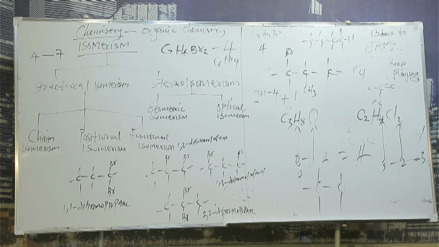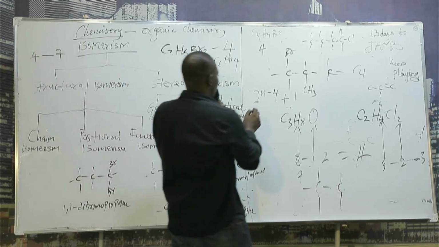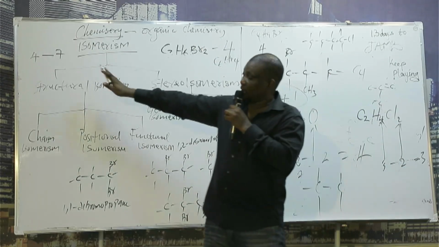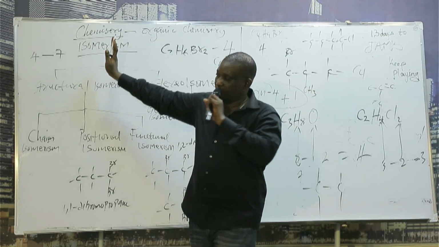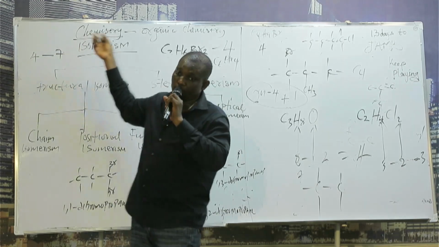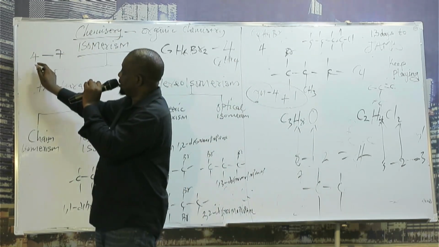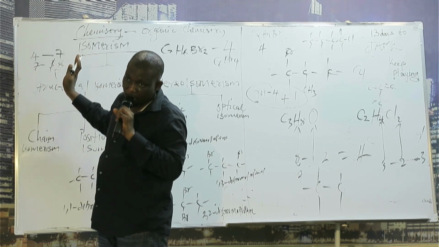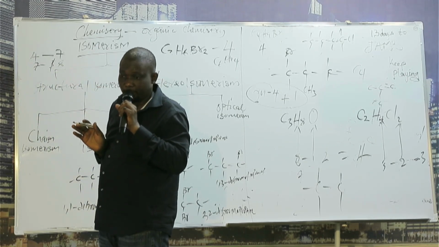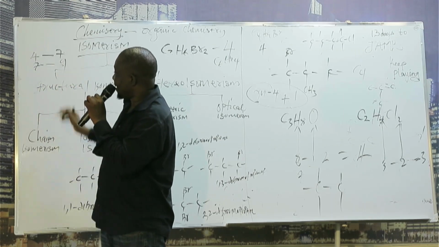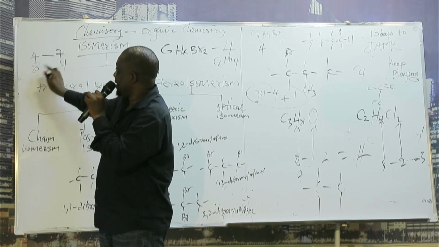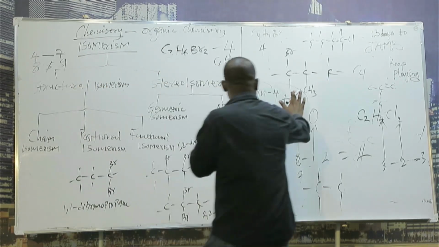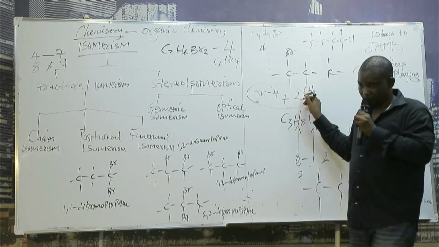The formula C2N minus 4 plus... this formula can only be used for C4 to C7. Once it goes beyond C7, it will not work. What will work for 8 and 9 alone? Plus 2.